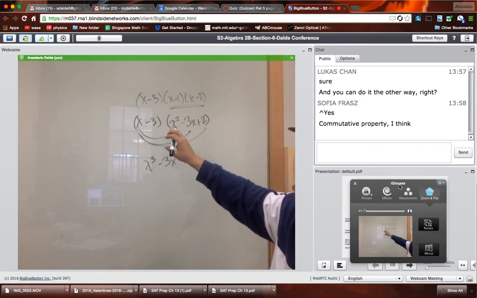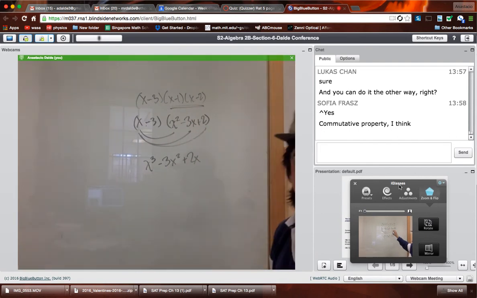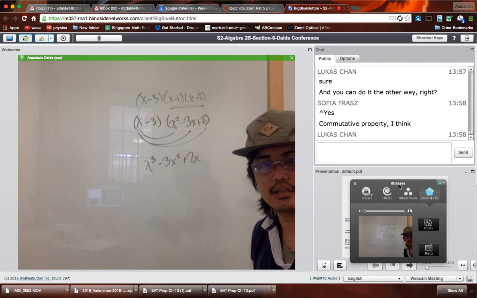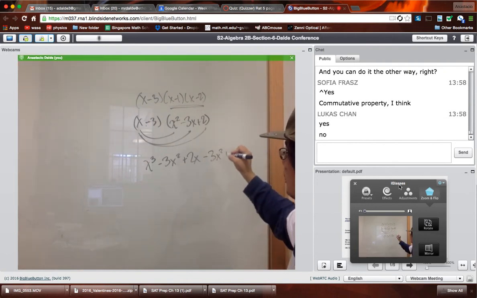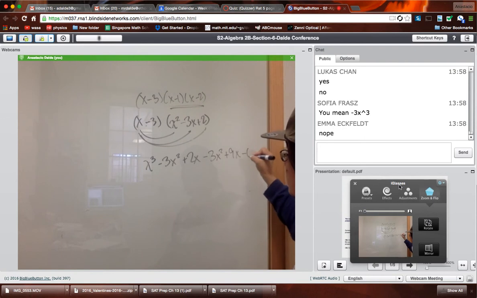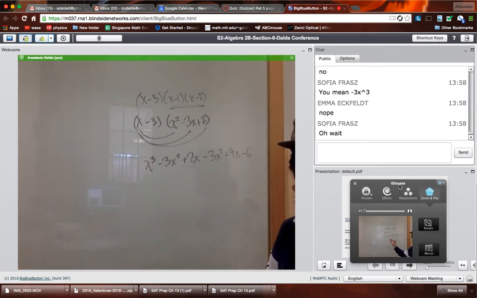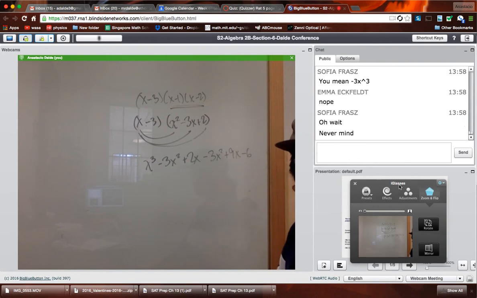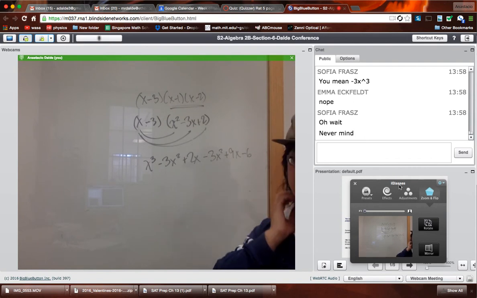So that becomes negative 3x squared, positive 9x, negative 6. Did I confuse anybody? Negative 3x squared plus 9x minus 6. I know, it looks horrible. It's not hard. You just write the whole sucker out. It really isn't hard. It's just a matter of writing stuff down.